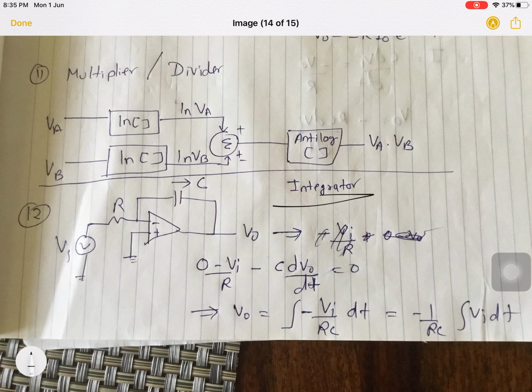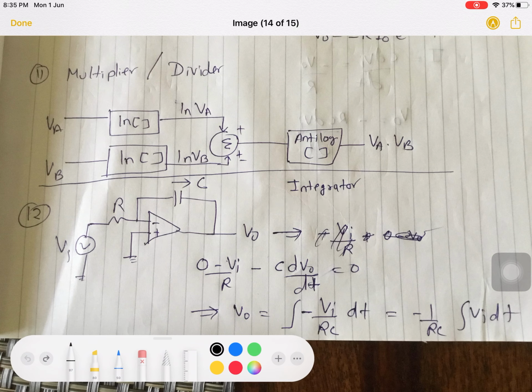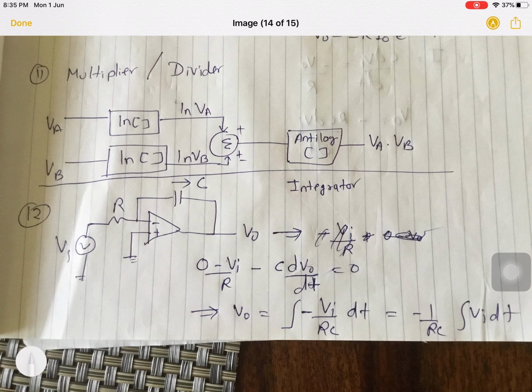Now this is an integrator circuit. In the integrator circuit, it is R, it is C, this is ground, so this will also be ground.